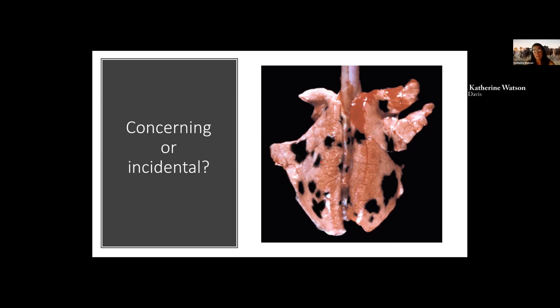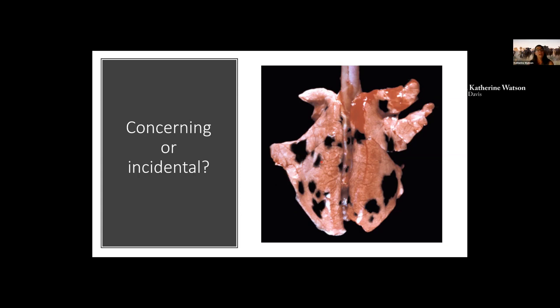But when in doubt, sample it, right? Because if it's enough to make you concerned, it's better to sample it and send it in, and then we can tell you whether it's something that might have caused death, or if it's something that's incidental.